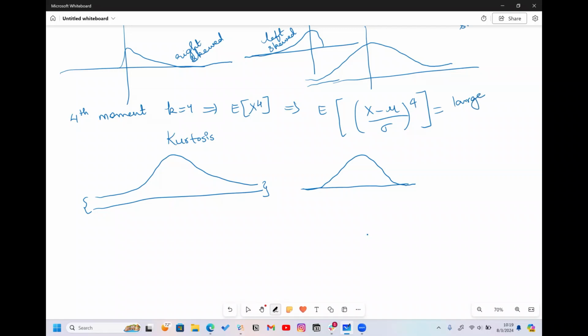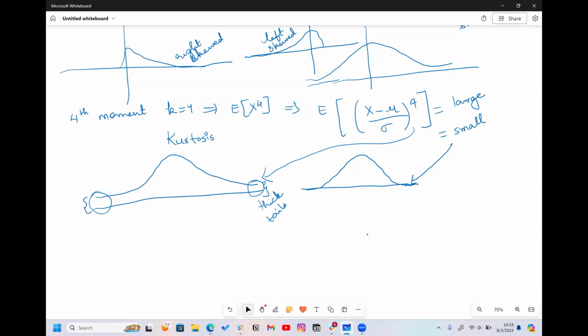If this value is large, then that distribution has thick tails on the ends. If the kurtosis is small, then you have thin tails on the ends of the distribution. When you have thicker tails, lots of values are over here in the distribution. But when you have thinner tails, most of the values are here.